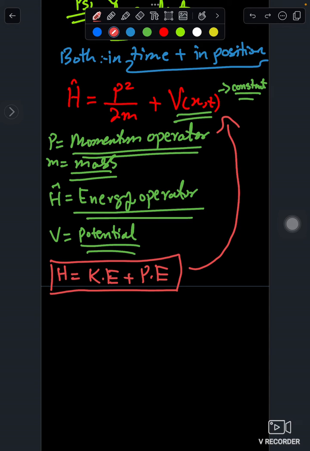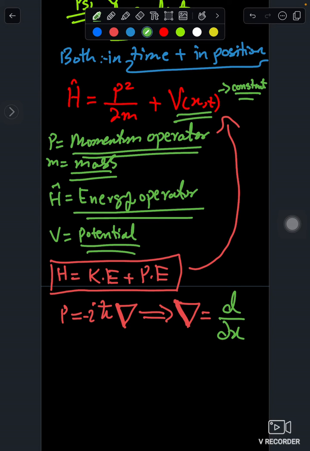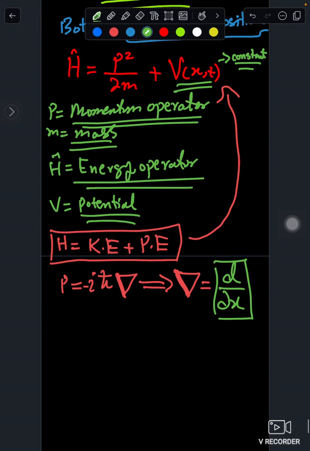Then when we talk about the equation, we need two things. One, we need to know what is P, momentum. Here it's minus i h bar and this symbol. What is this symbol? This is d over dx, in derivative form.